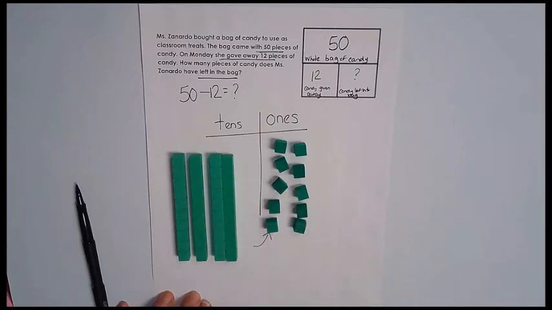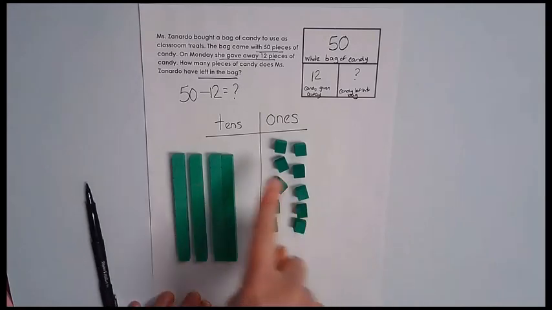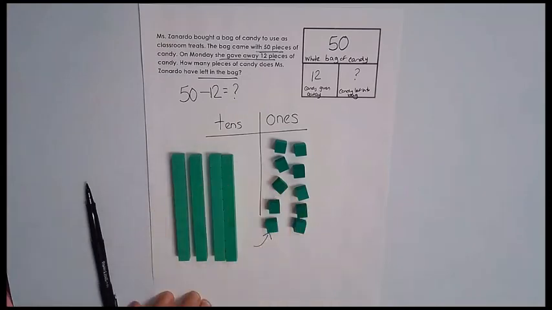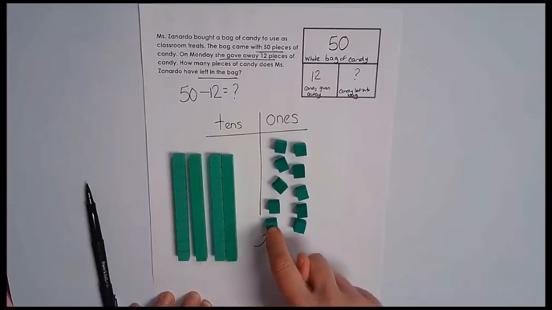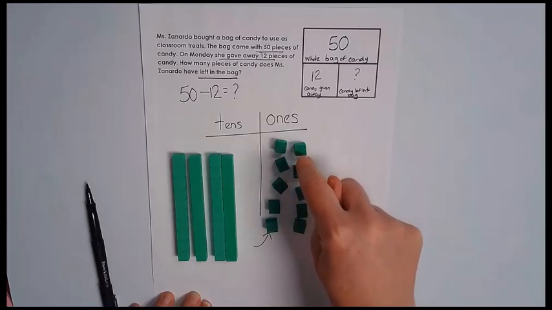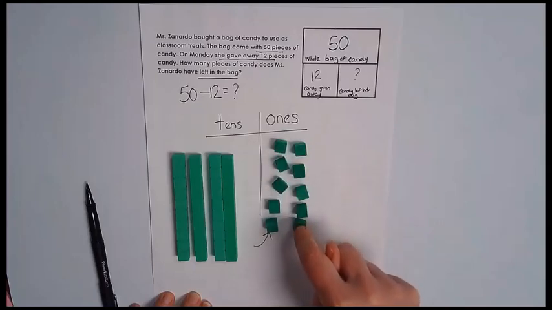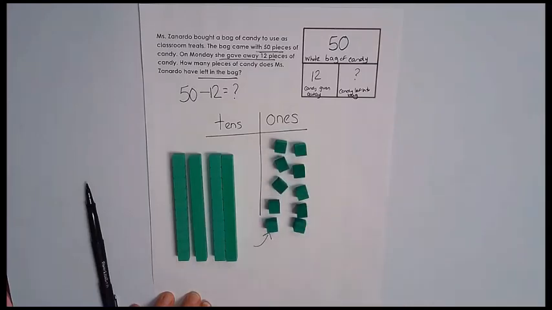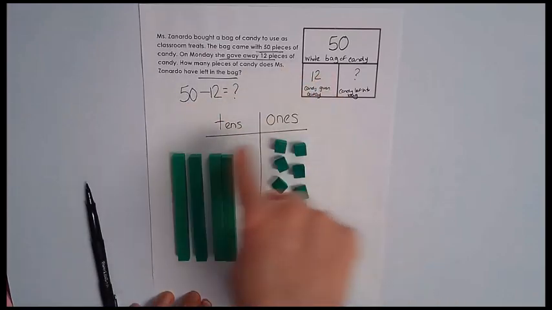Now, I still have 50 represented by my base 10 blocks because 4 tens and 10 ones is the same as 50. 10, 20, 30, 40, 41, 42, 43, 44, 45, 46, 47, 48, 49, 50. Now I can subtract my 12 from my 50.